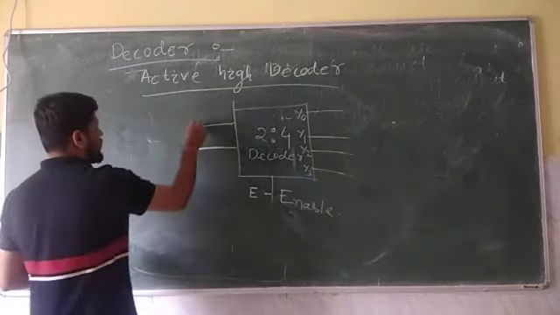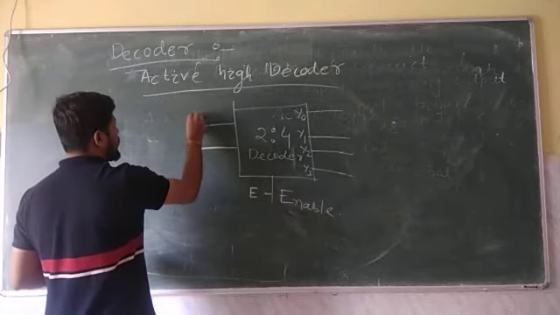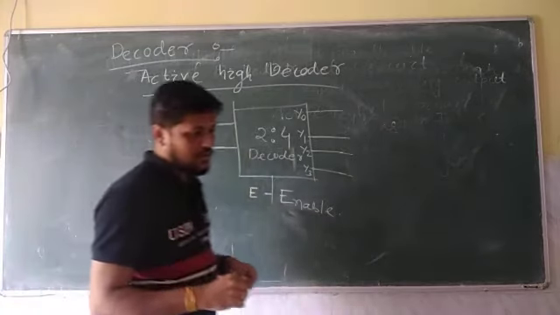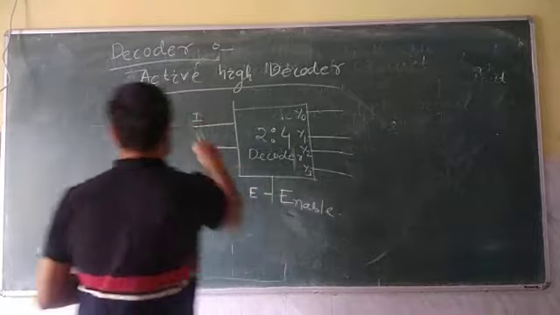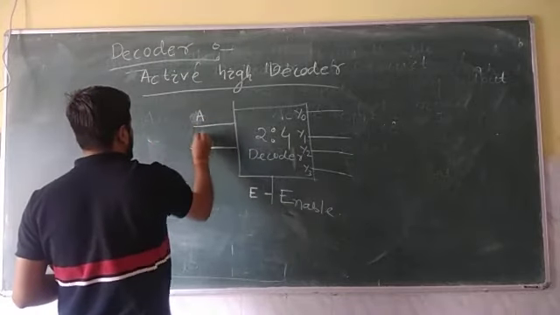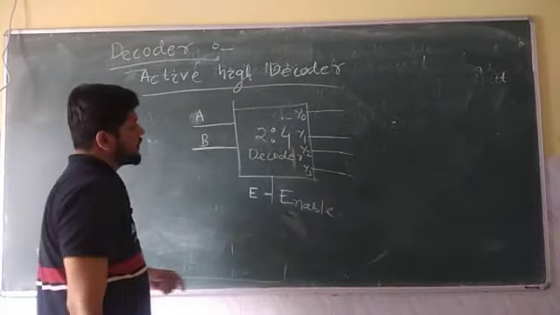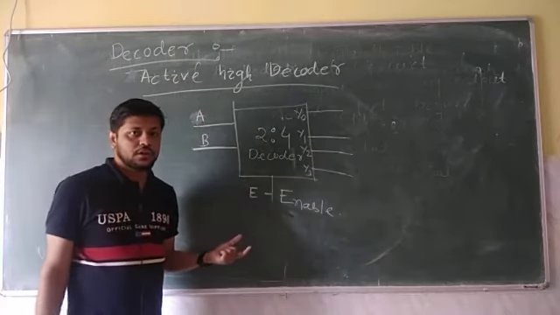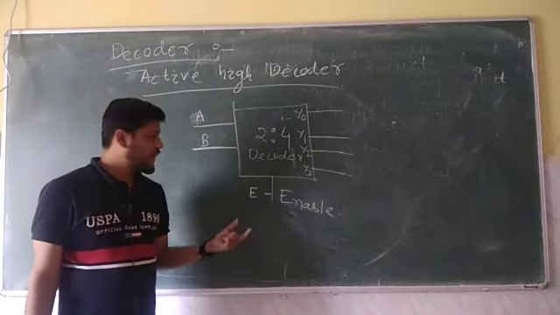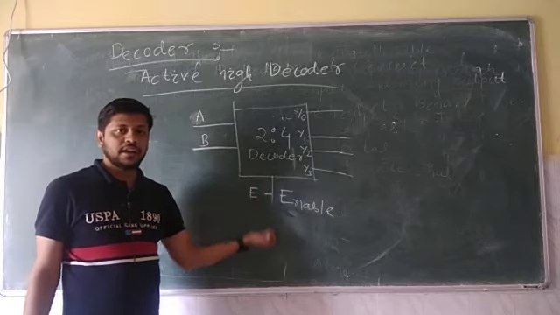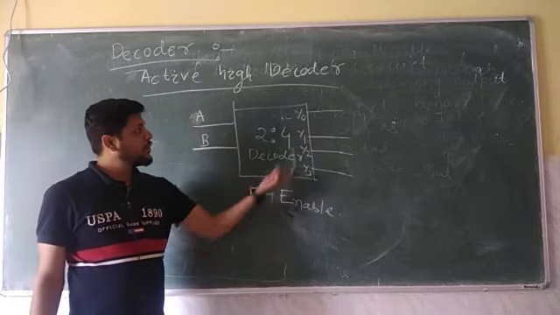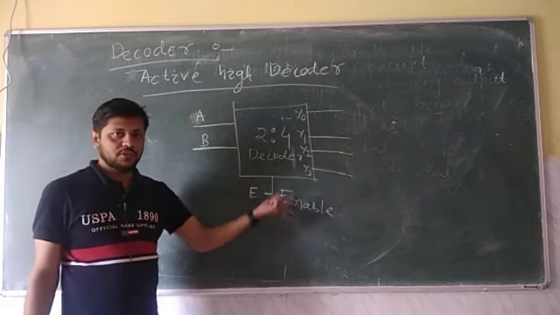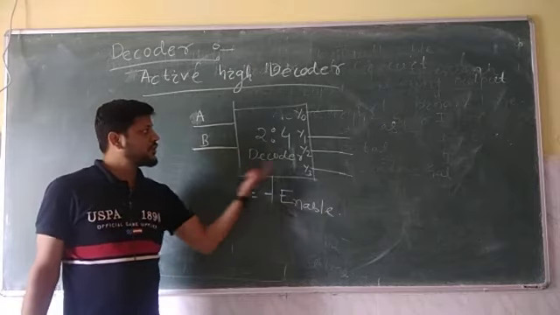We have 2 inputs, suppose A and B I am applying. So now this is your decoder circuit, 2:4 decoder, 3:8 decoder, like that, and we have an external enable, which acts as a power supply to this decoder chip.